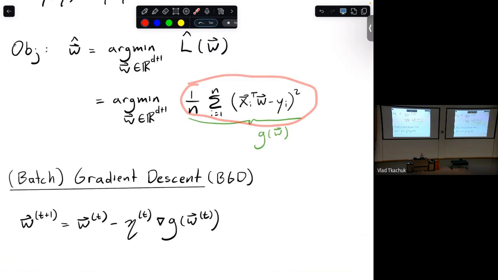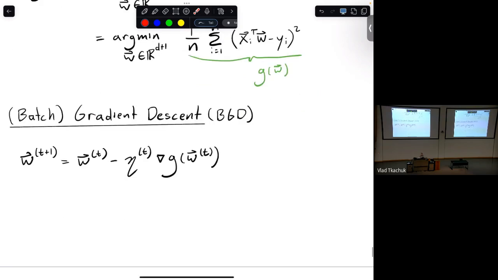And we've already done that for the closed form solution, if you recall. So when we had to calculate this closed form solution, we had to take the partial derivative of this function with respect to each index of W, each dimension, exactly what we need now. And there we just set it to 0 and had to solve that system of equations. Here, we don't have to do any of this business.